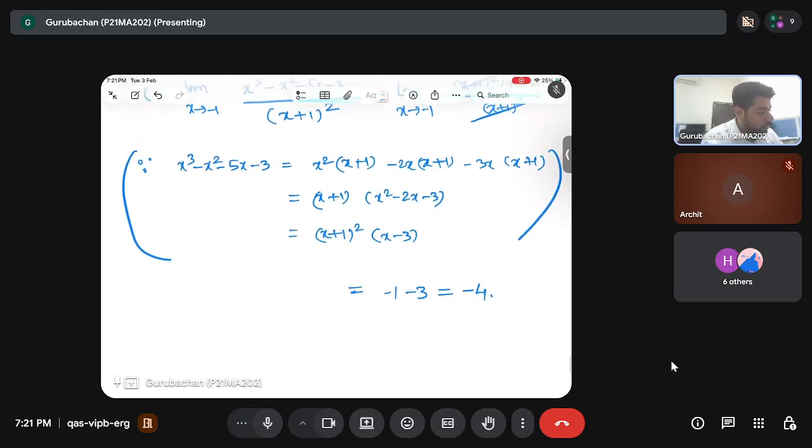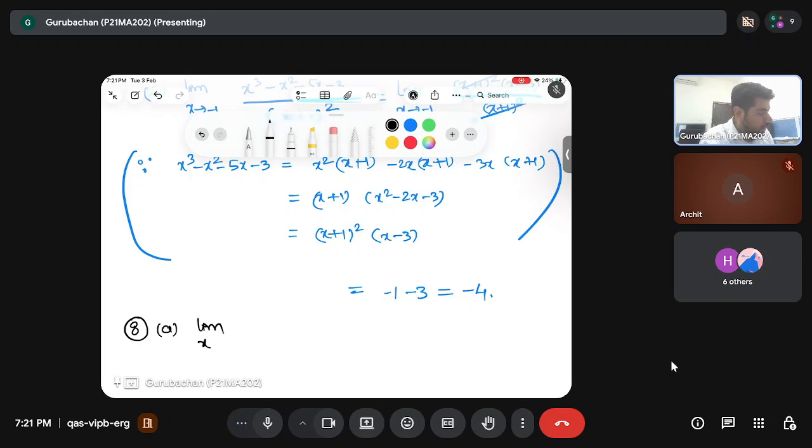Now let me move to 8th. Limit x tending to 0, x sin x divided by 2 minus 2 cos x.